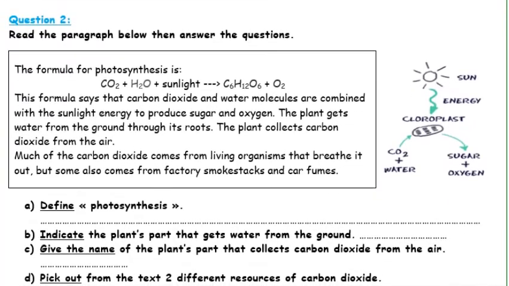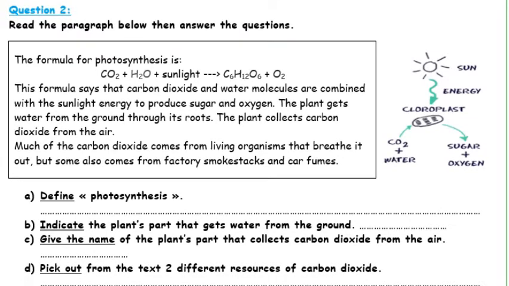The formula for photosynthesis is CO2 plus H2O plus sunlight gives C6H12O6 plus O2. This formula says that carbon dioxide and water molecules are combined with the sunlight energy to produce sugar and oxygen.